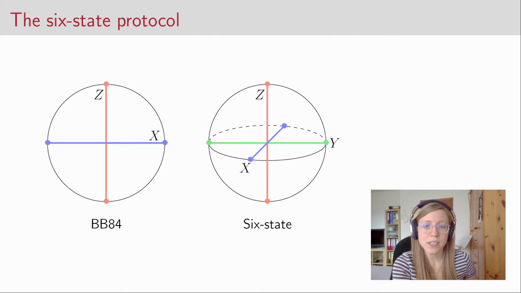So the fraction of secret key bits that you get is higher than in the BB84 protocol. But apart from this choice of bases, that we now have 3 instead of 2 bases, the protocol follows the same steps as the BB84 protocol. And therefore, we will not list all these steps again now.